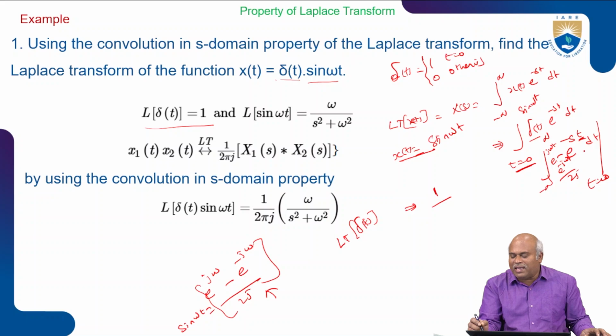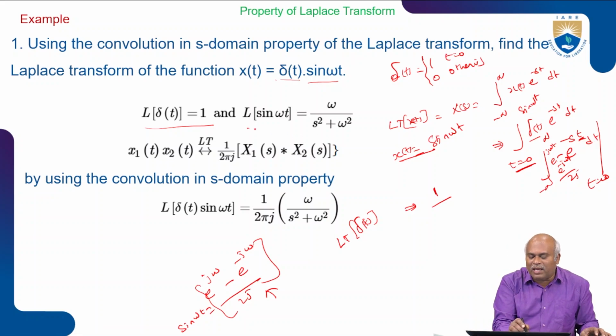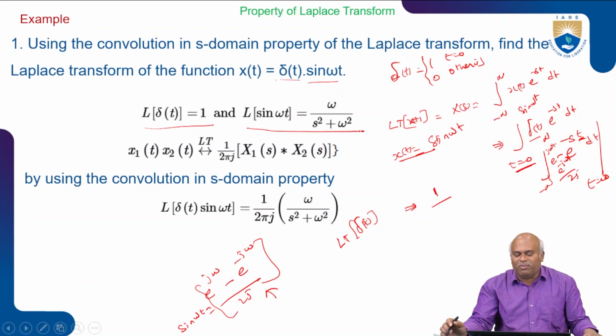This value we should substitute into the Laplace transform definition for x of t, where I take sine omega t. Then after doing the integration and substituting the limits, finally we got the Laplace transform of sine omega t equal to omega divided by s square plus omega square.